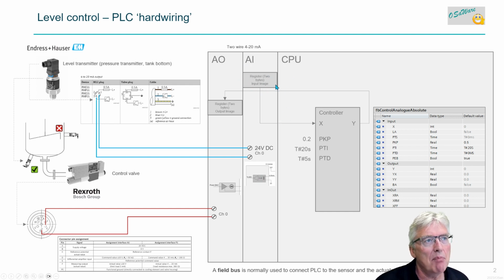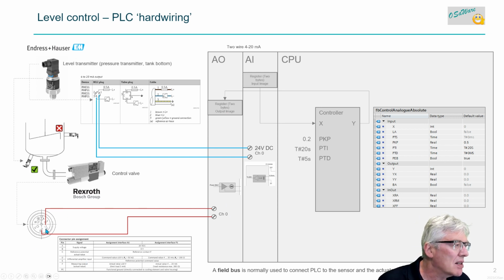This memory input image is in the CPU, but just to save some space, I put it on the AI module. But there's only a register on the AI module. Also the controller has an output, 2 bytes, output image, and then to the AO module, and on the channel 4 to 20 milliamps out here.